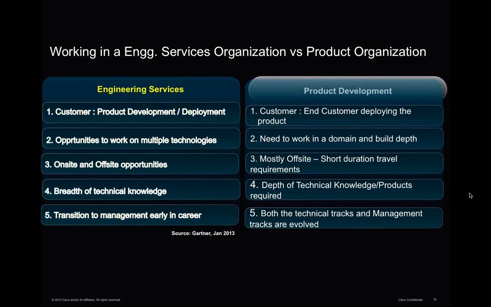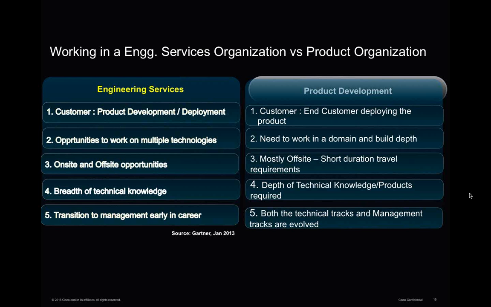Here at Cisco, there are several folks, I would say at least 100 plus, who have more than 20 or 25 years of hands-on technical contribution experience, right? That's because they've chosen to be on the technical ladder. Now, mind you, these guys are very senior product leaders. It doesn't prevent you from being a product leader if you are on a technical track.